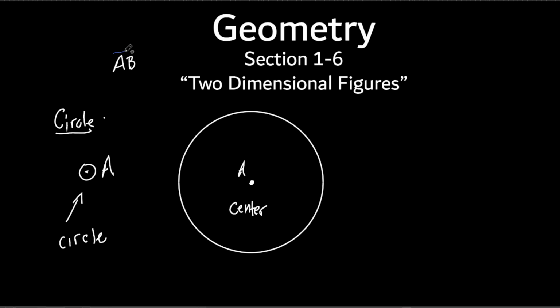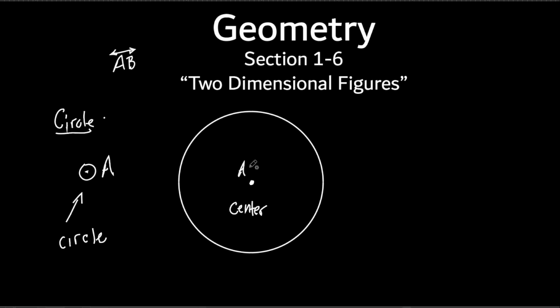Is that a line? No, you got to put arrows on both ends. I'm going to be picky on this. If I ask for a ray or a line segment or something like that, you need to label it properly. Same thing with a circle. If I ask you to name a circle, you're going to have to label it properly, and that would be this little symbol right there.